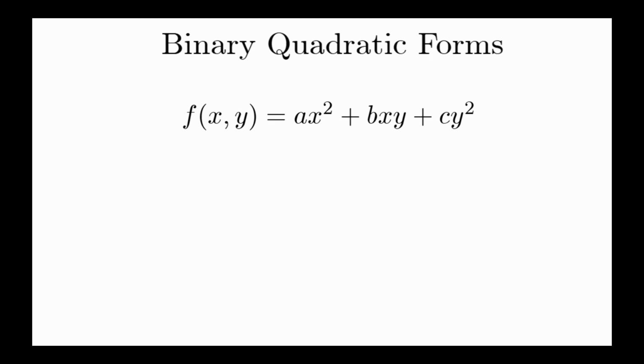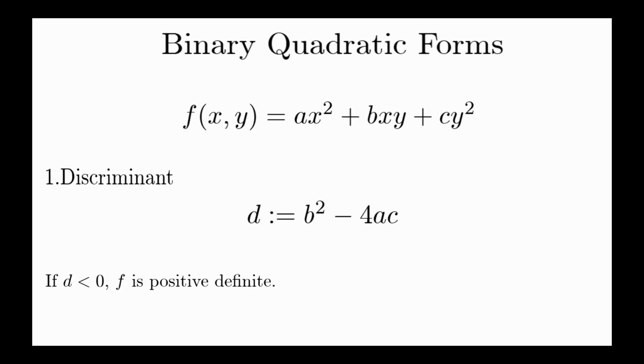So there are two most important things with binary quadratic forms. The first is the discriminant, which is defined as b squared minus 4ac. And if d is negative, then f is positive definite.